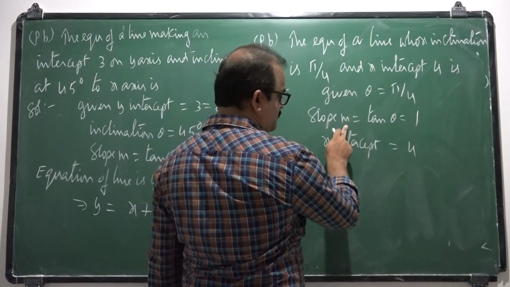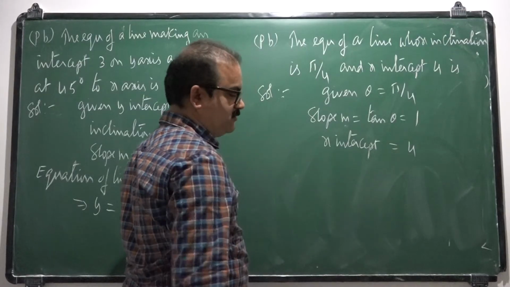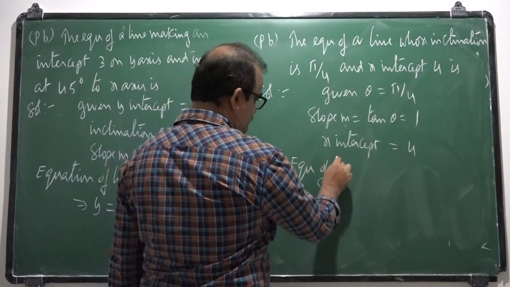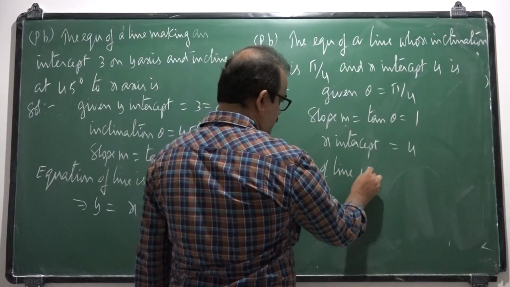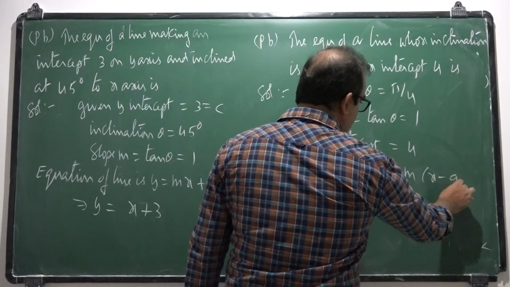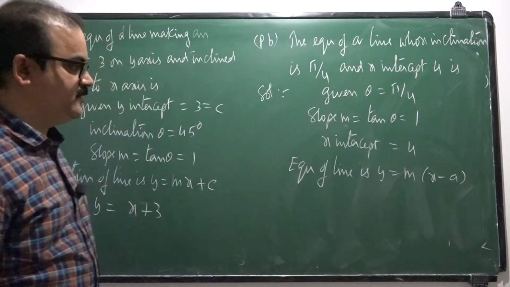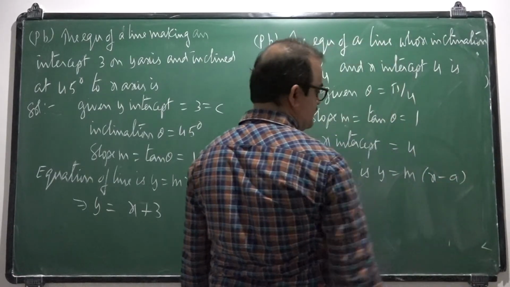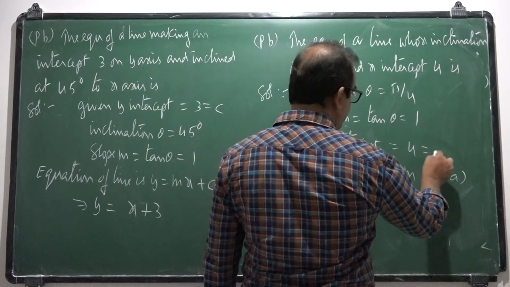When slope is known and x-intercept is known, then equation of that line is y is equal to m into x minus a, where m is the slope and a is x-intercept. What is x-intercept? 4.